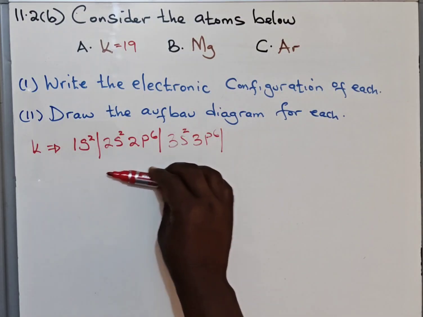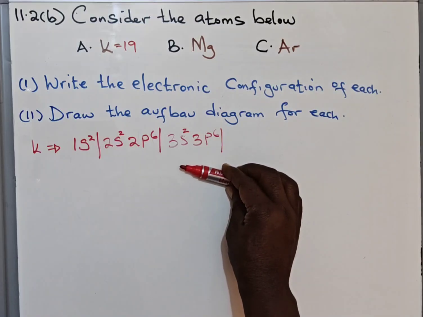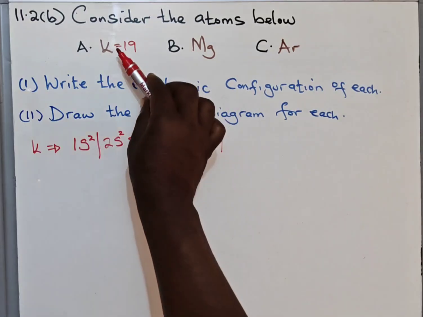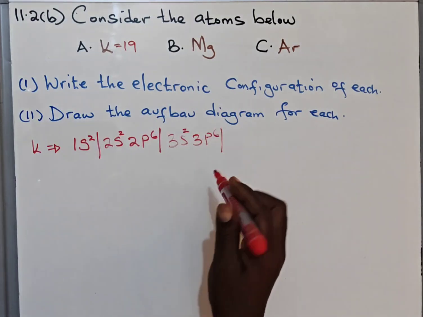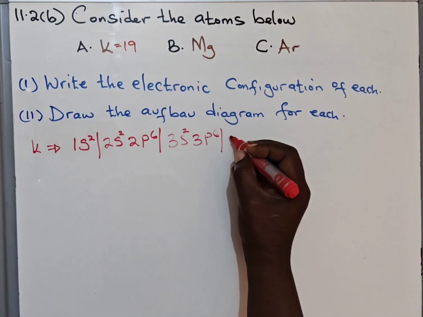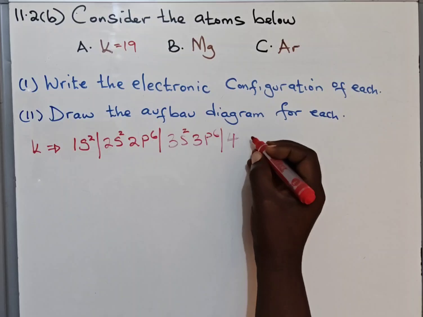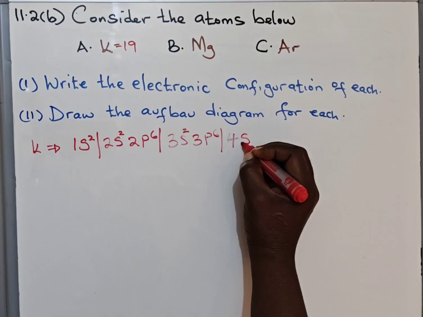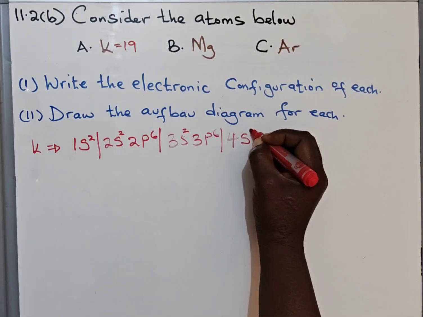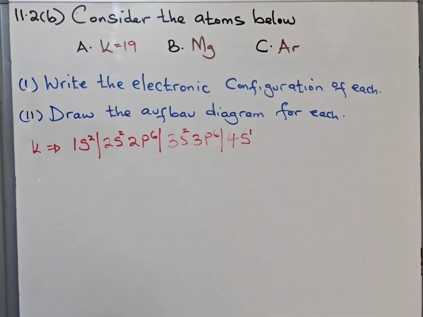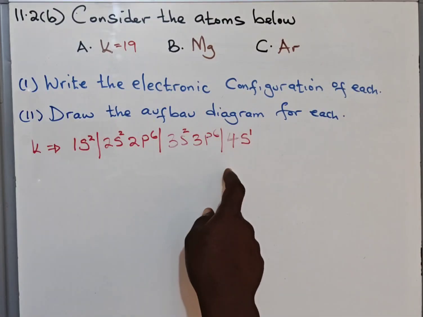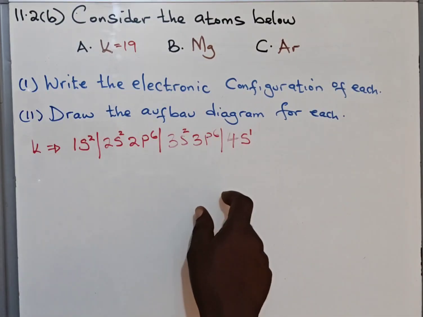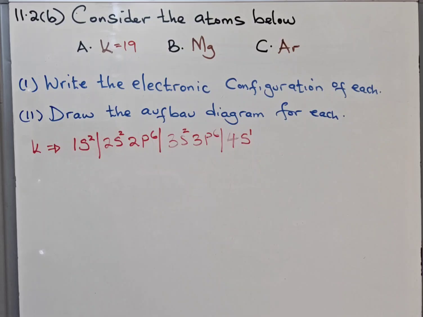So we have so far distributed 18 electrons, missing 1, because potassium has 19. The 1 goes to the 4th energy level, 4s, which comes first and takes up the remaining electron. So what you have here is the electronic configuration of potassium.